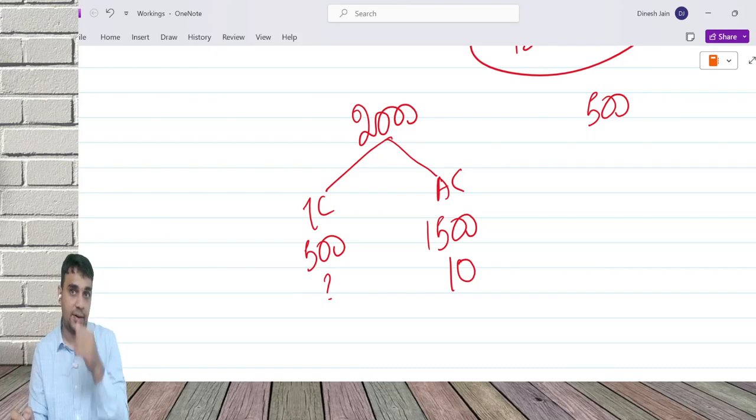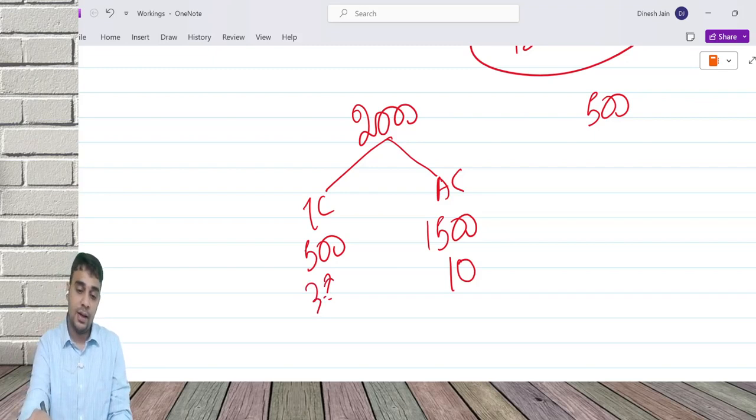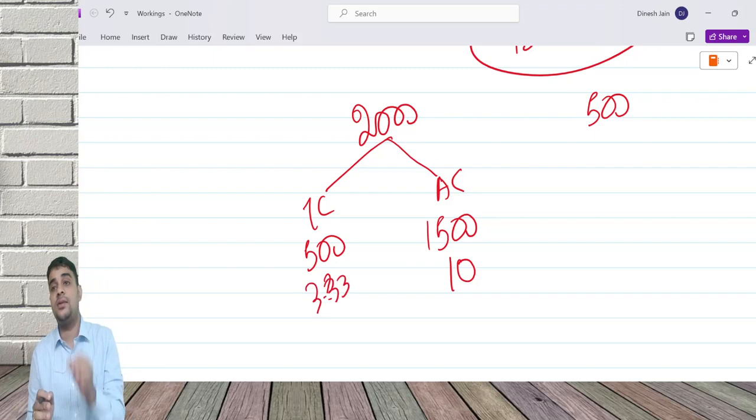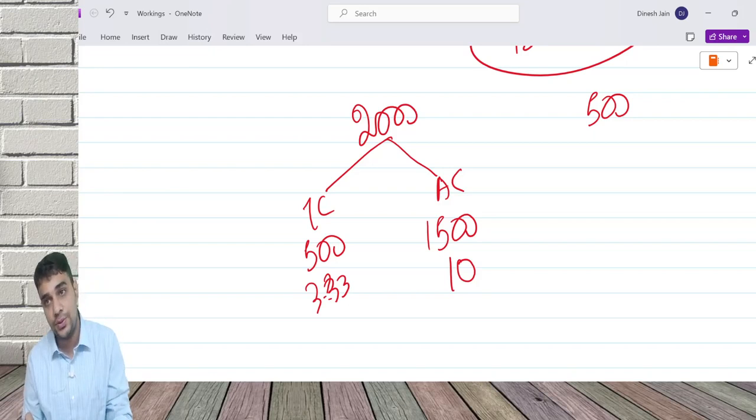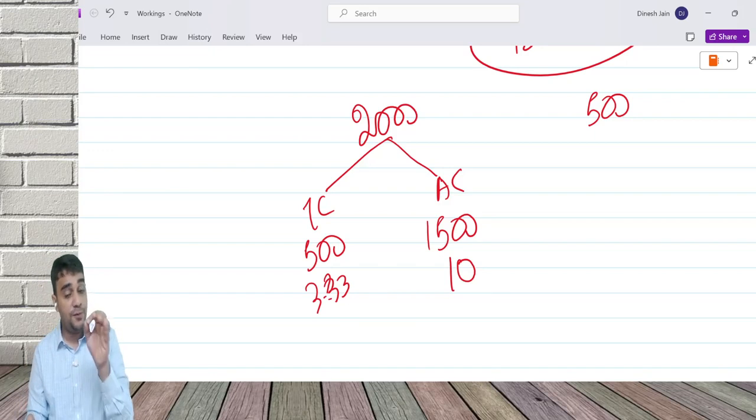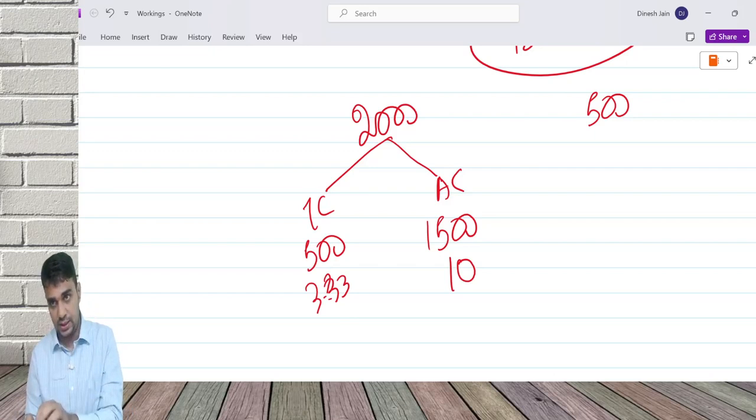What is 500? I'm going to issue 3,33,333 shares. If you do, post-merger market price into the number of shares issued will be 500 lakh.